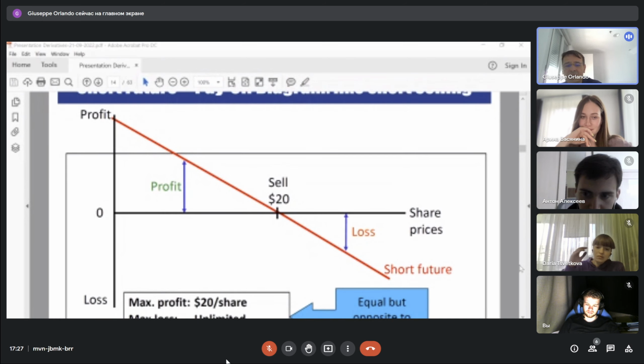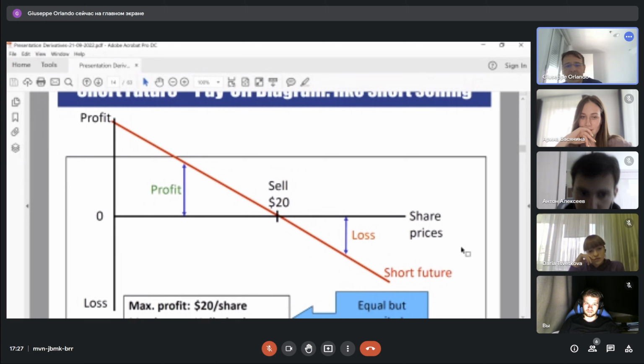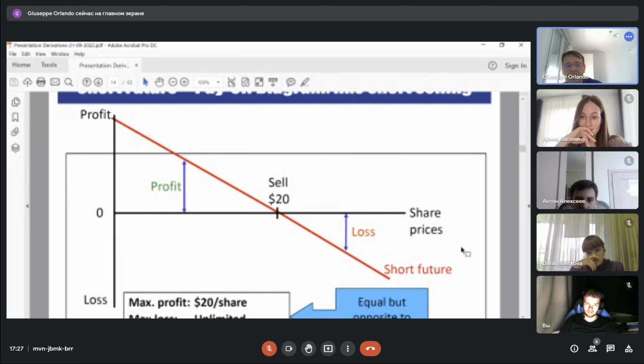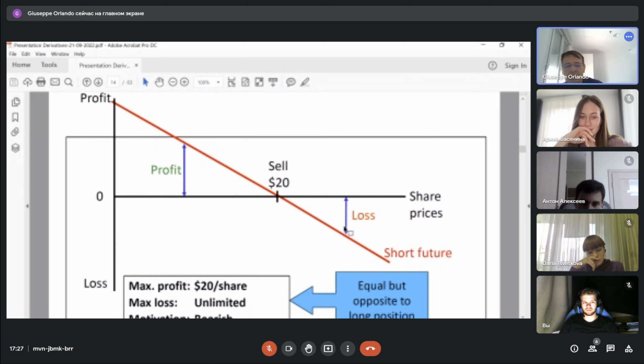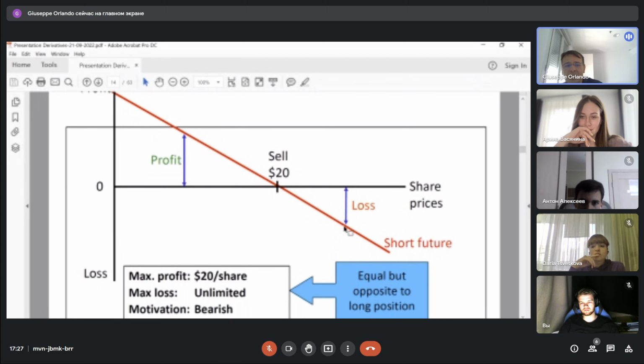So we mentioned the case in which we said bullish, but it could also be the opposite. So if we are short, we sell the future at this price, and then if the price of the security goes down, we'll make a profit.